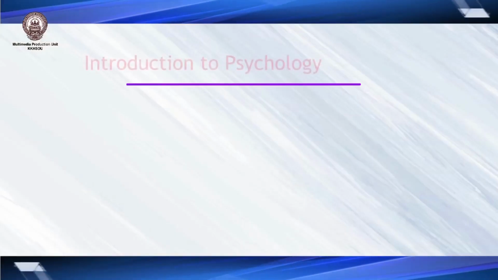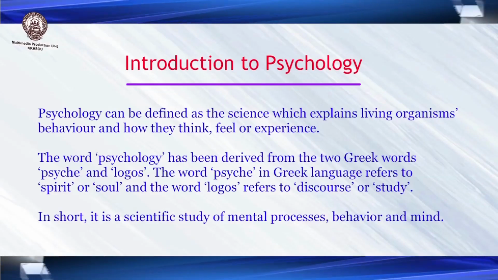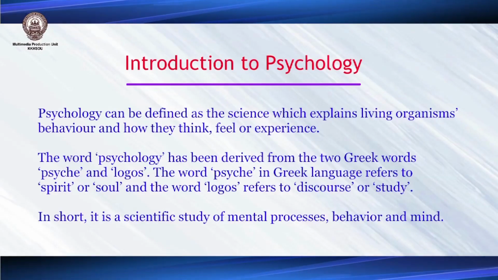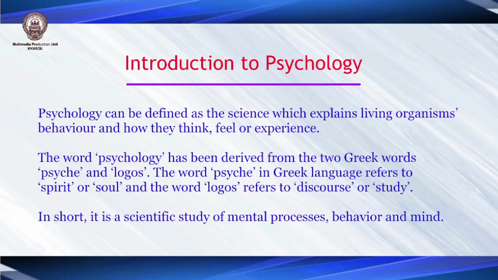As we all must have heard about the term psychology or the discipline of psychology, it is mainly a social science which deals with the human mind and human behavior. Why is it called a social science? It is so because it is a scientific way of trying to understand the individual's mind and what affects a person's behavior.